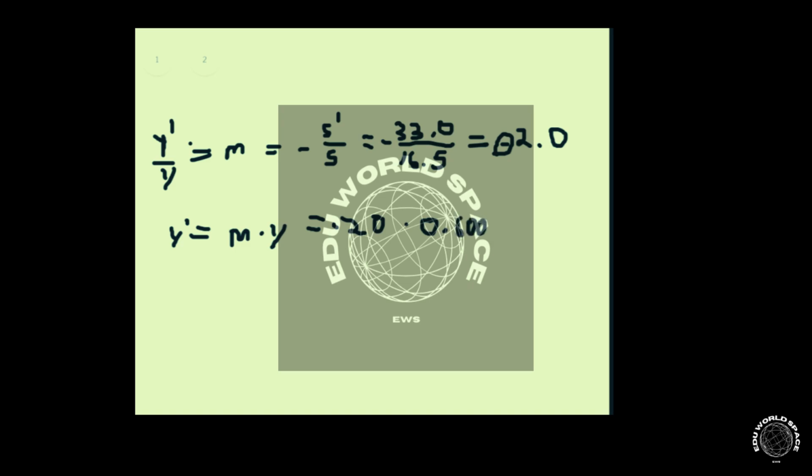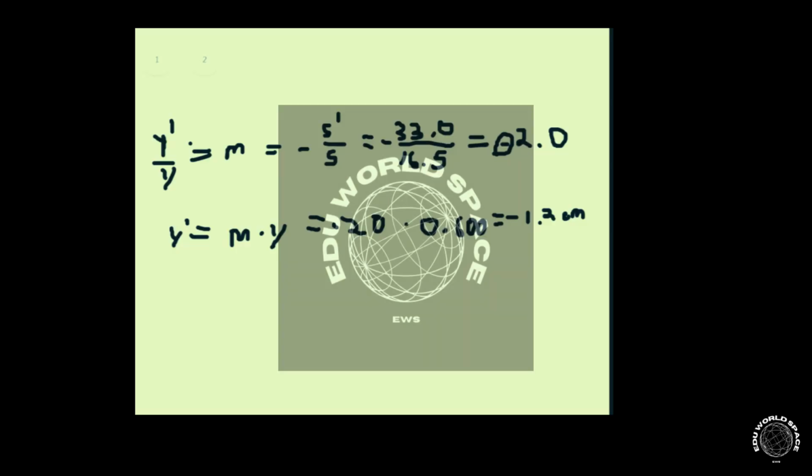Now we multiply this out, and we get that our image is of size 1.2. Now this is in centimeters. Now we still have the negative sign because the negative sign refers to the image being inverted compared to our original object.